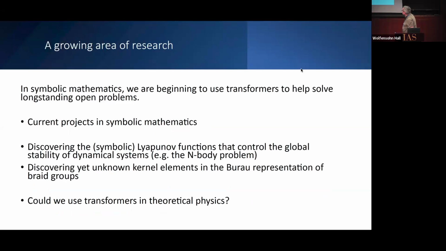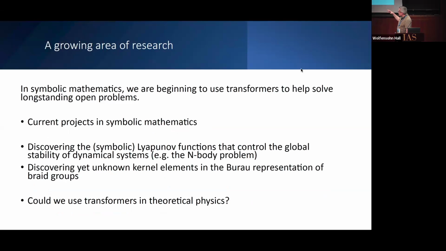And I'd like to finish and say more generally, this is a developing area of research. So in symbolic mathematics, we're at the point where we're beginning to use transformers to help solve open problems. Up until recently, most of the problems we attacked with that were undergrad problems. Some of them hard, like symbolic integration, but it's not a research problem, not at all.